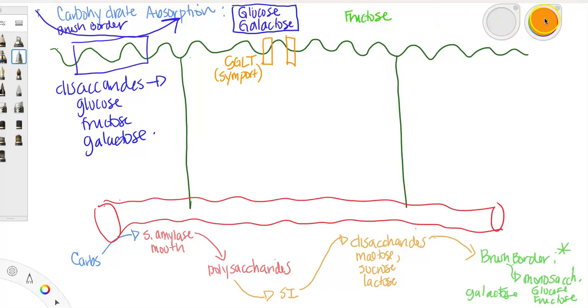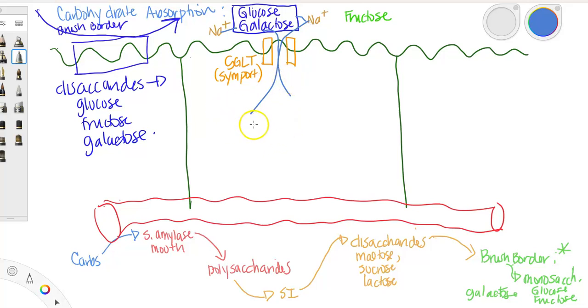It's going to ride the backs of sodium. So there's sodium out here, and basically the glucose and galactose are going to come in with the sodium.